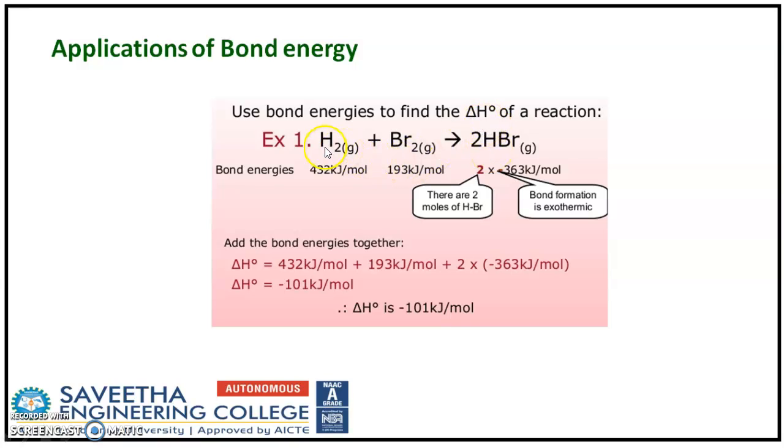So here they have taken the formation of HBr. For that, they have taken the bond energy of hydrogen, the bond energy of bromine, and the bond energy of hydrogen bromide. Here two molecules of HBr are formed, so they have multiplied by 2. So they have calculated the delta H naught value.